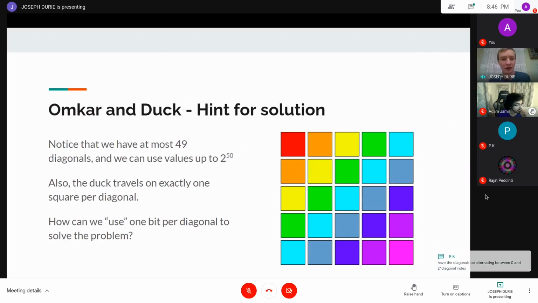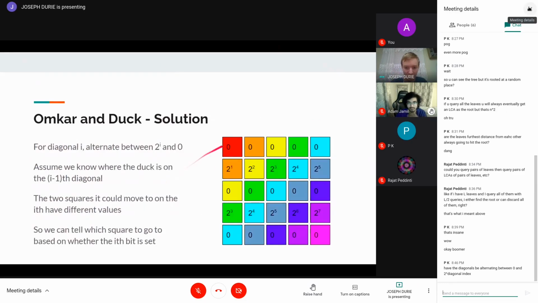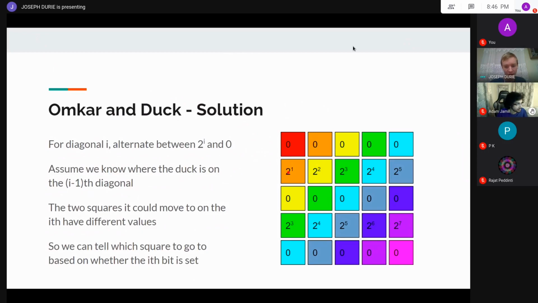Right, exactly. So that's how you can solve it. What you do is along each diagonal, you make the values alternate between 2 to the diagonal value, which you can think about as 2 to the i plus j, and 0. And what this does is, you know that you initially have to start in the top left square. Then you want to know in your next move, do you go right or down?